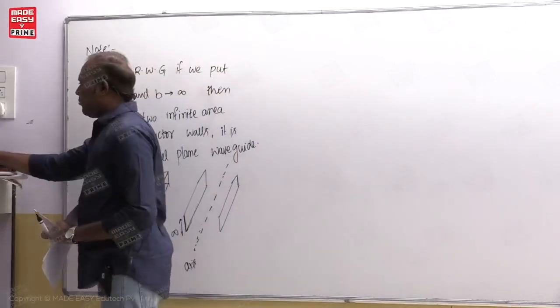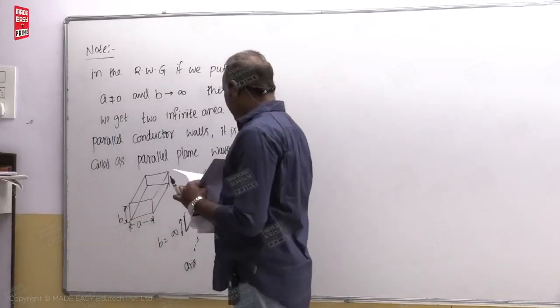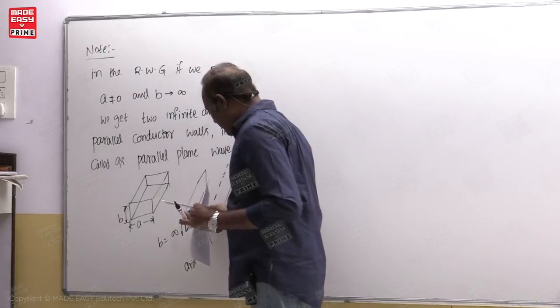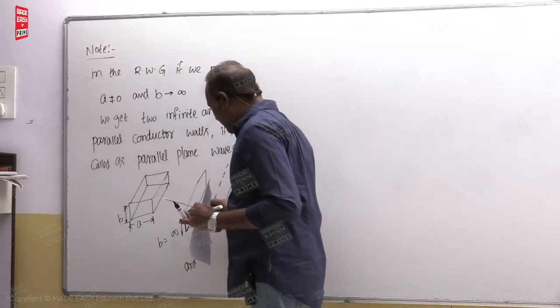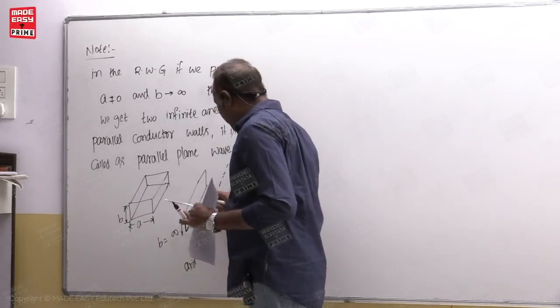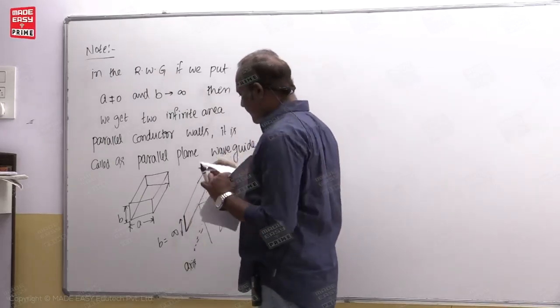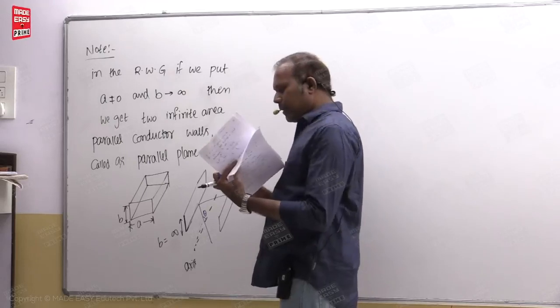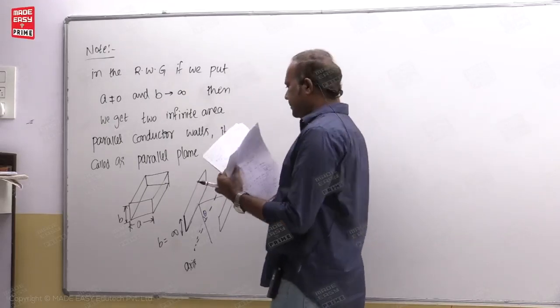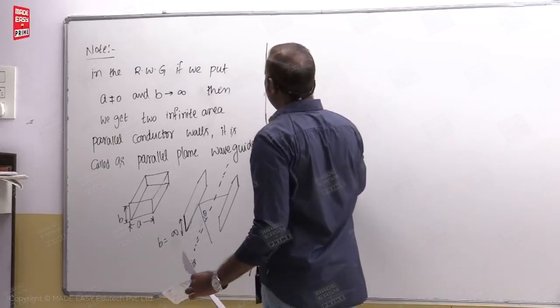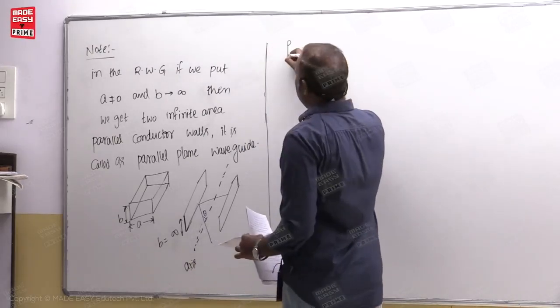Now if an EM wave enters like this at some angle called theta, and then again it will be hitting like this and going like this. This is called the wave angle. Now let us discuss formulas one by one.